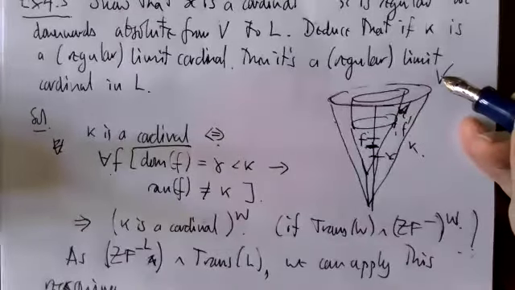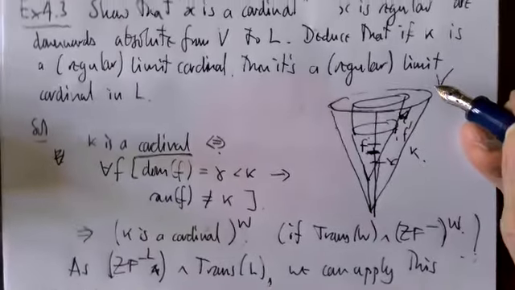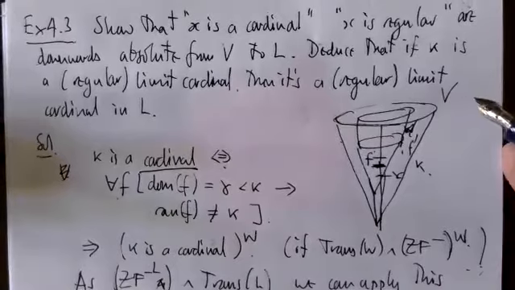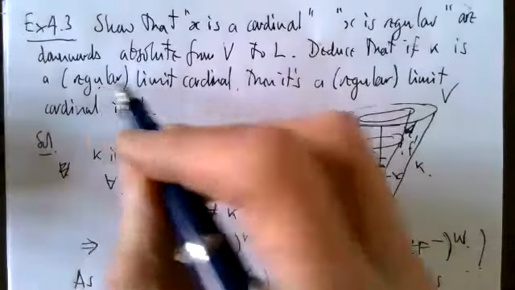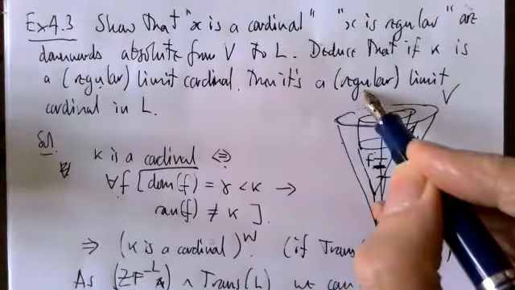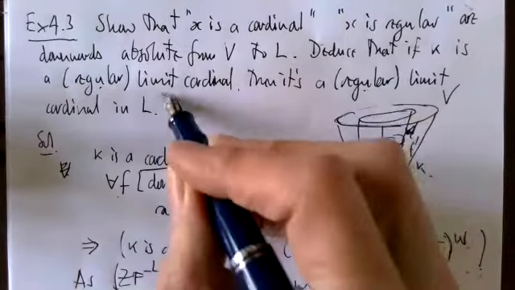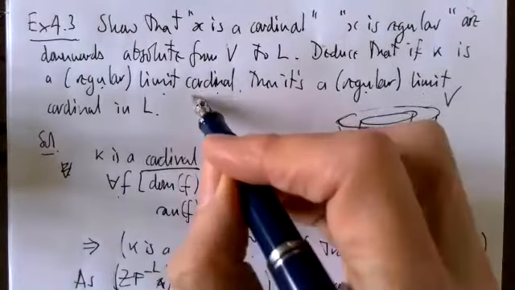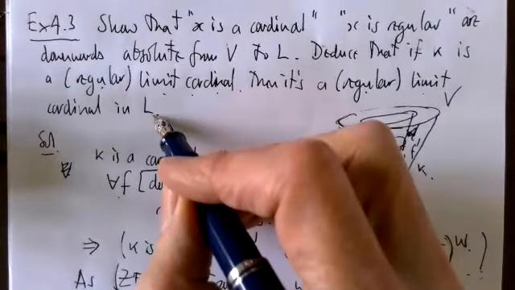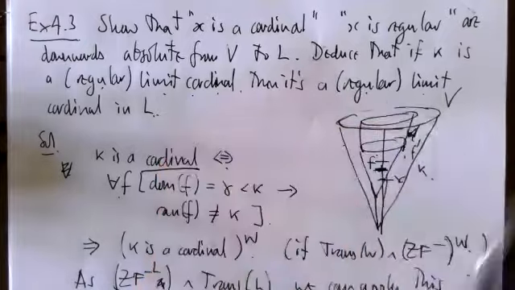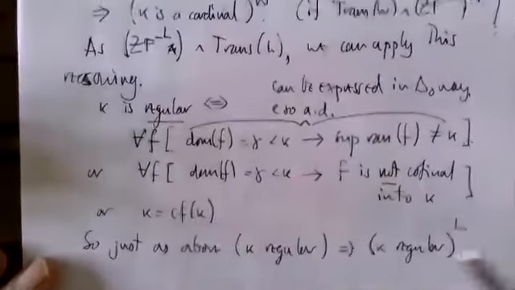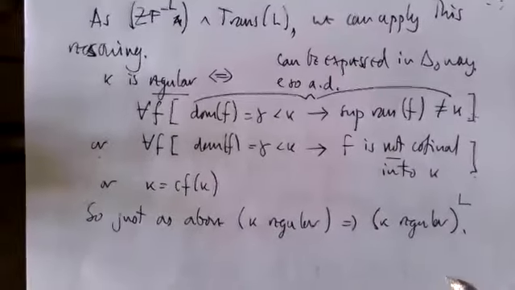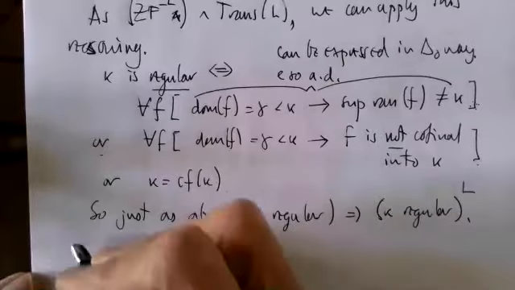So the last part just says, deduce if kappa is a regular limit cardinal, it's a regular limit cardinal in L. Well, we've got the regular part being downwards absolute. It's just a question of whether, if it's a limit cardinal in V, it's a limit cardinal in L, right? But again, this is true for the same reasons.